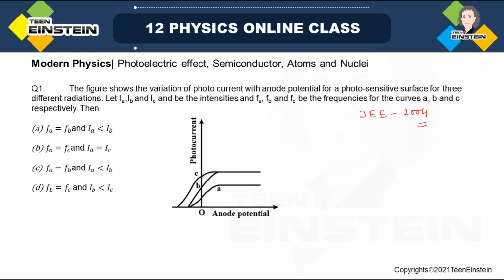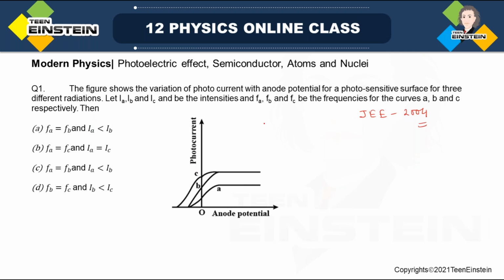The figure shows the variation of photocurrent with anode potential for a photosensitive surface for three different radiations. Let IA, IB and IC be the intensities, and FA, FB and FC be the frequencies for the curves A, B, C respectively.